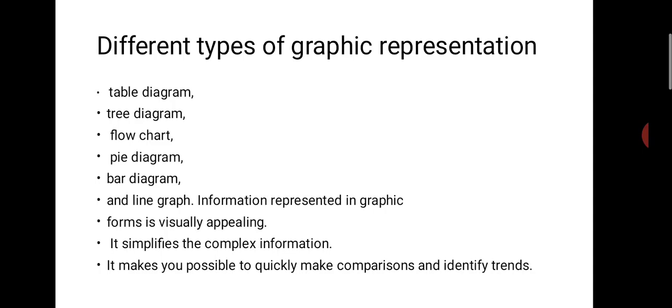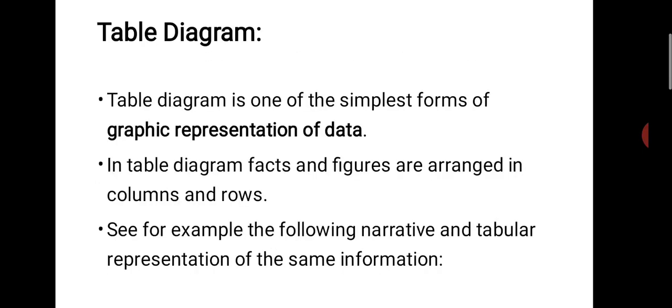It simplifies the complex information. It makes it possible to quickly make comparisons and identify trends. Here you can understand how the table diagram and tree diagram are forms of graphic representation which are visually appealing, and you can understand the information quickly, as it simplifies complex information and you can compare and contrast easily.